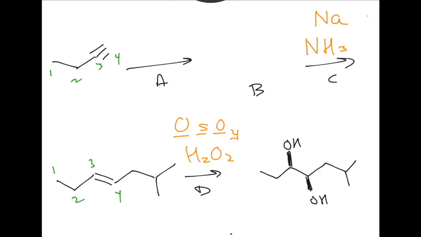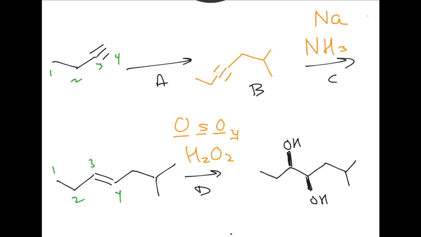So that means where the trans double bond was, there was an alkyne there. Since I know that trans double bonds come from alkynes, it looks like I probably had the alkyne in there at some point. So you know that where the alkene was, there must have been an alkyne.